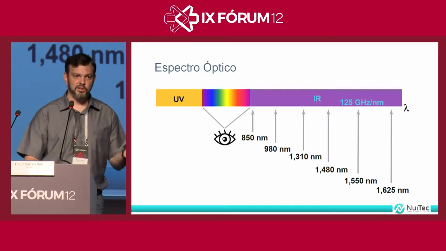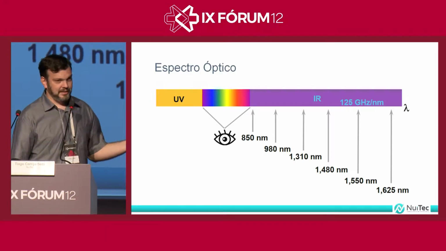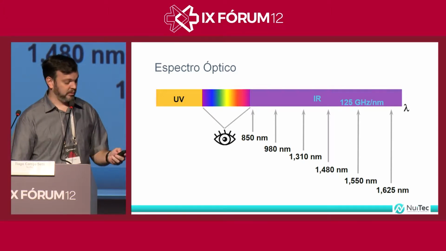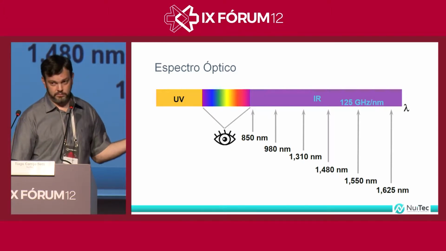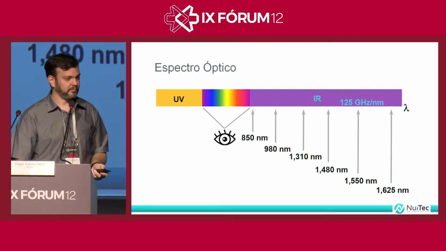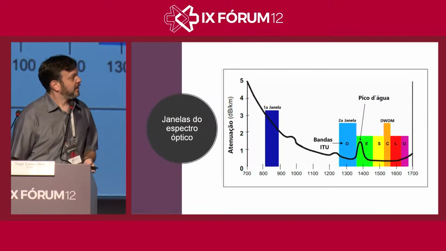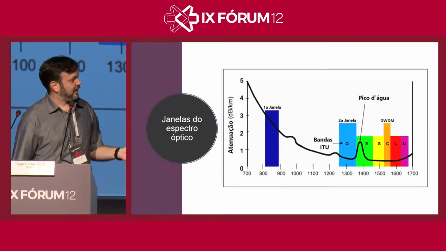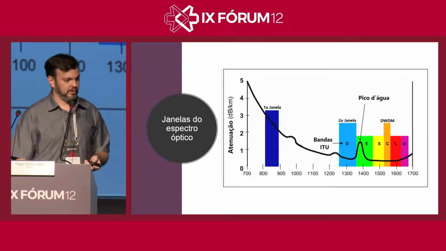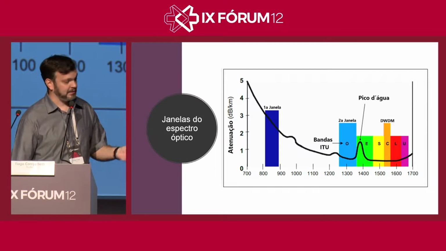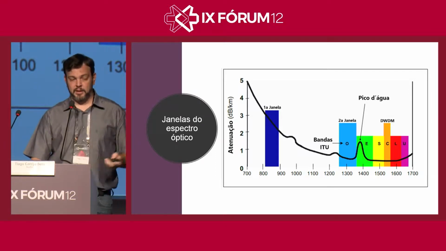They say, oh, well, there's 1310, 1550. Telecom uses the spectrum here. Therefore, it's not visible to the naked eye. And then we have this window to use optic fiber, the spectrum divided by windows.